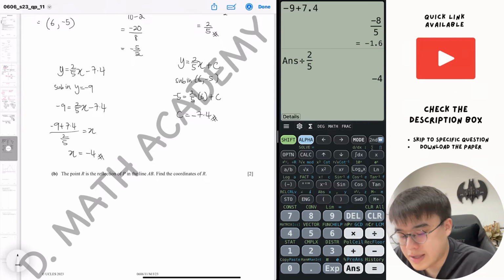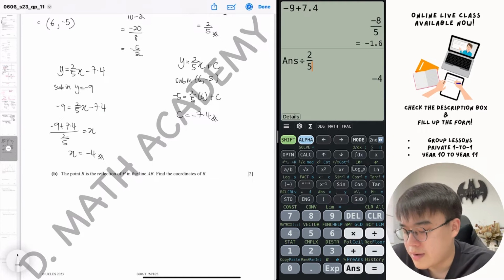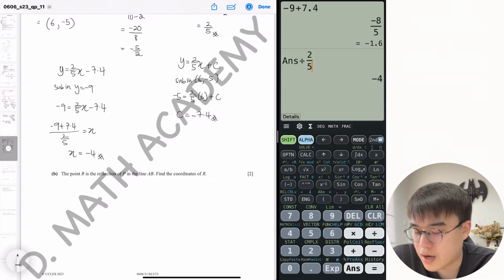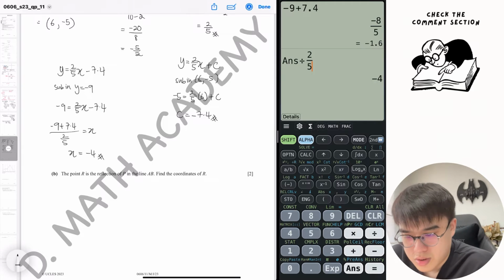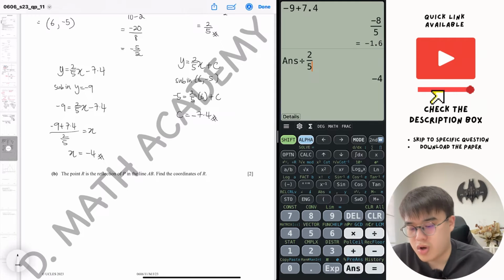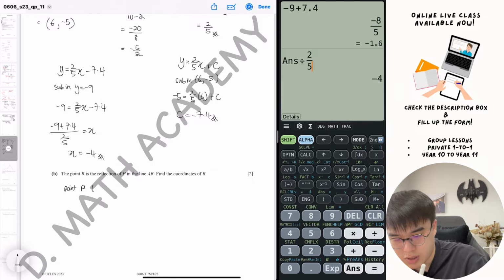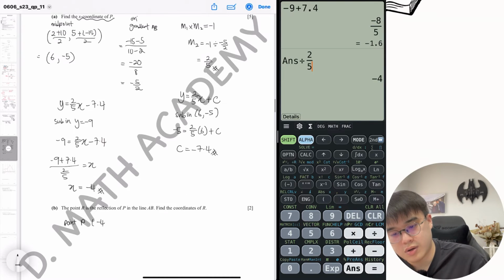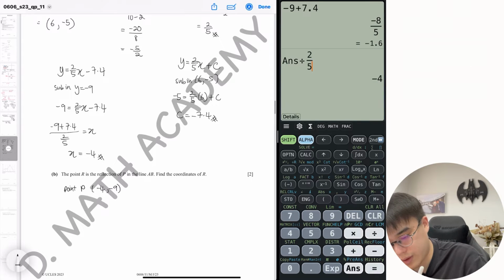The point R is the reflection of P in the line AB. Find the coordinates of R now. So point P now is (-4, -9).